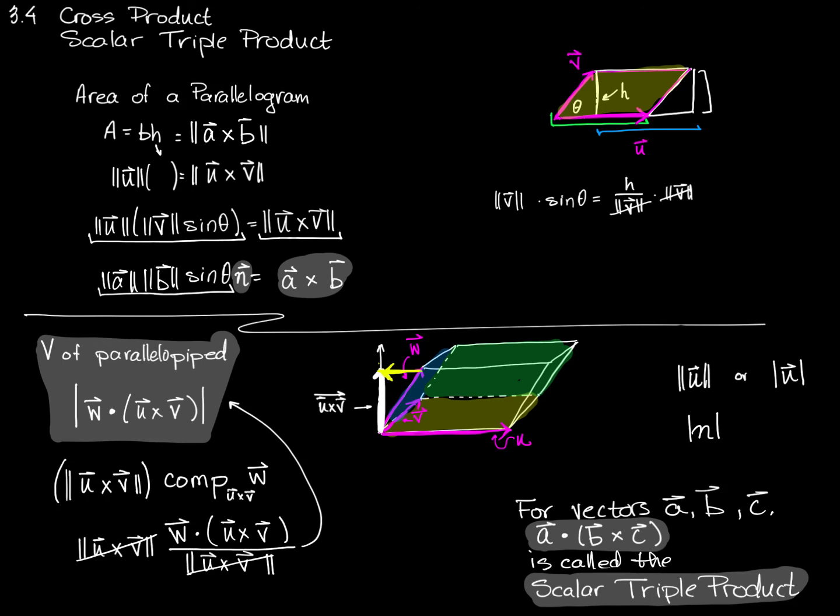So if I move W so that it's down here on the XY plane with the vectors U and V, this is my new W, I'll call it W prime. If I do that, then guess what the height is going to be? Guess what the scalar projection of W onto this cross product is going to be? It's going to be 0, right? So this whole computation here, this whole scalar projection value will be 0.